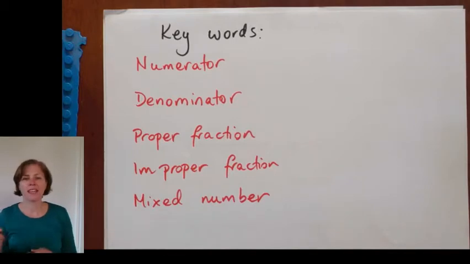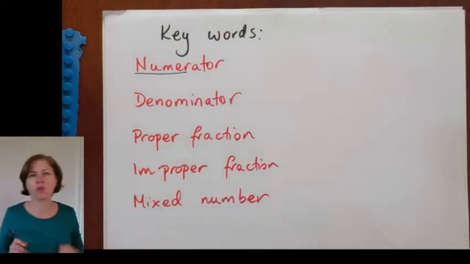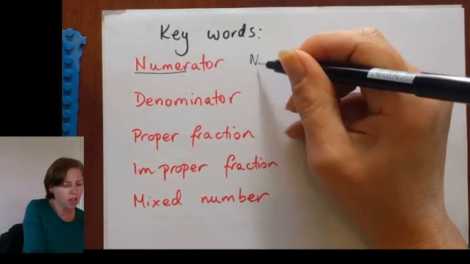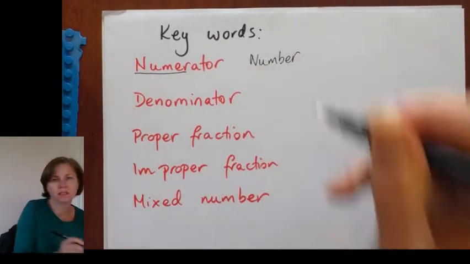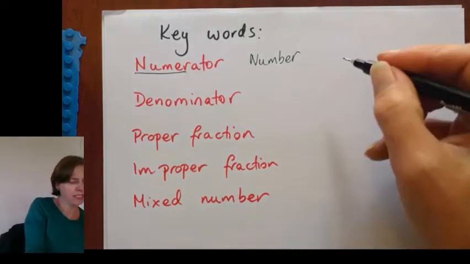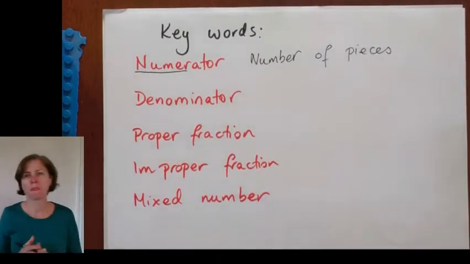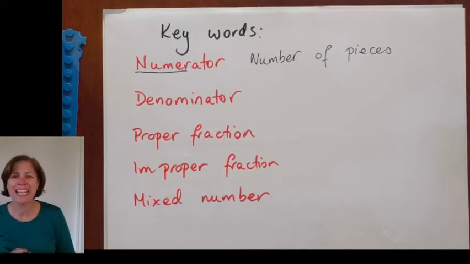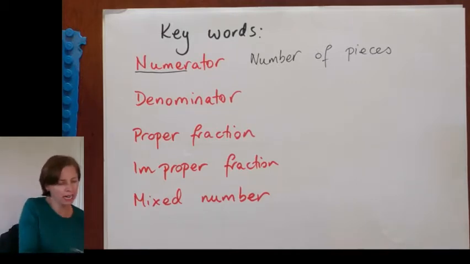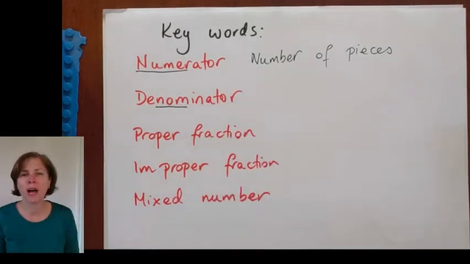what I'm going to look at in the word numerator, see how that start of the word almost looks like the word number. That's because the numerator tells us how many pieces we've got, the number of pieces. Then on the denominator, it's a bit harder to find out why it's called denominator, and the secret is in that little nom part, which is related to the word name.